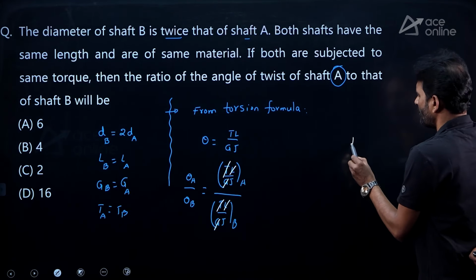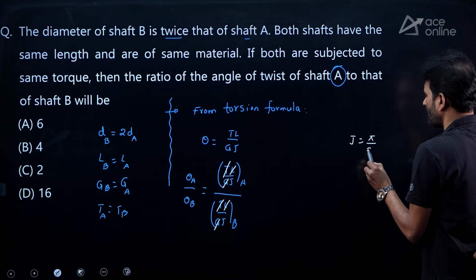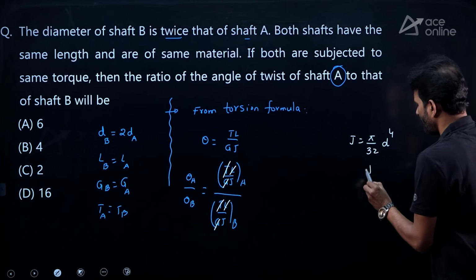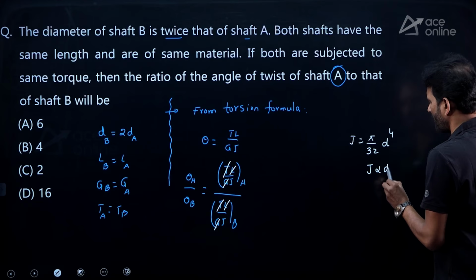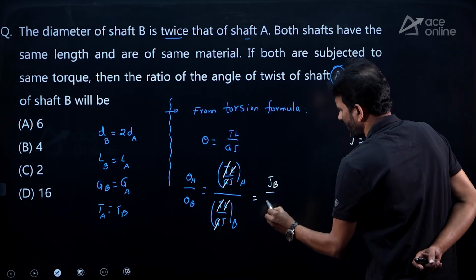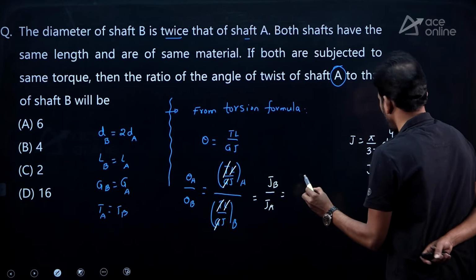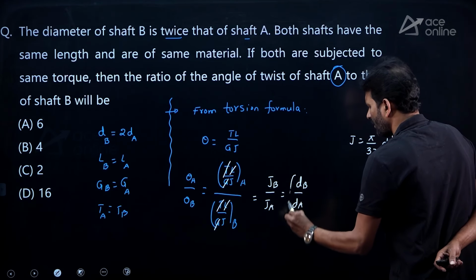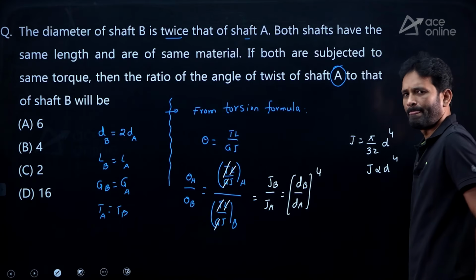And as we know, J is pi by 32 d raised to 4. So, from this, J is directly proportional to d raised to 4. I am using this condition. This is JB divided by JA. I can write it as DB divided by DA to the power 4.